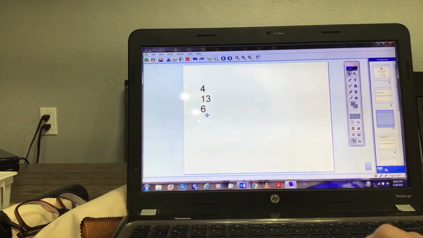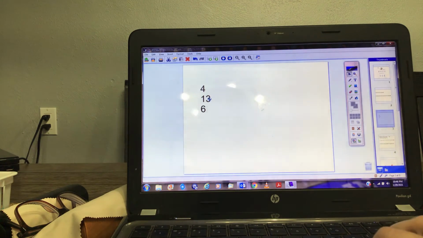Okay, so I don't have my teacher's guide with me, but I can guess that this is talking about place value. So if I have a 4 in the tens place, what really should go right here? It should be a 0, right? Because it's holding the spot for your ones place.